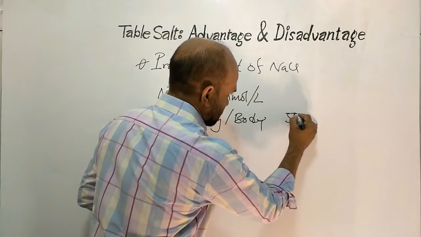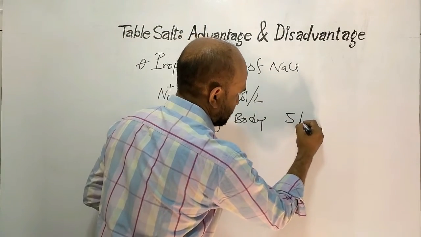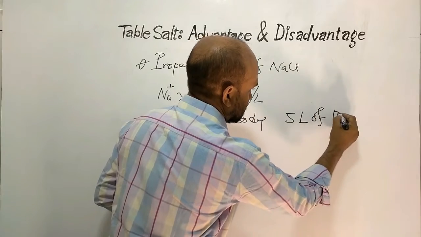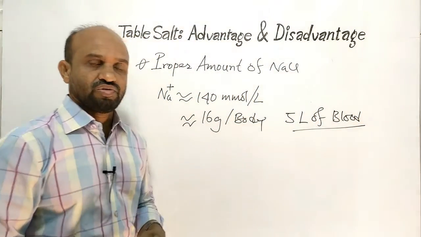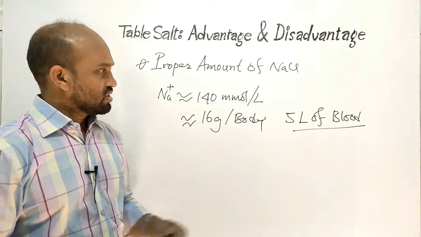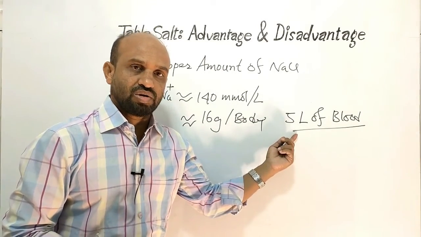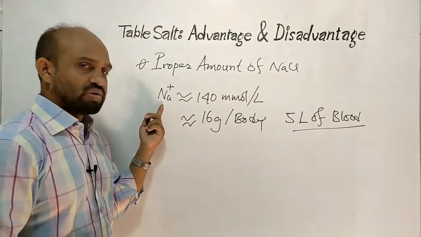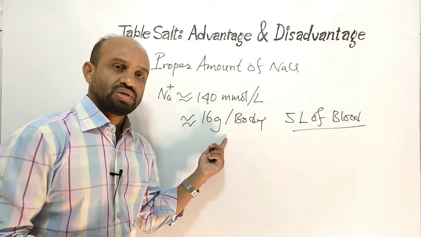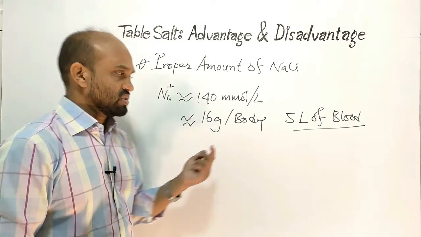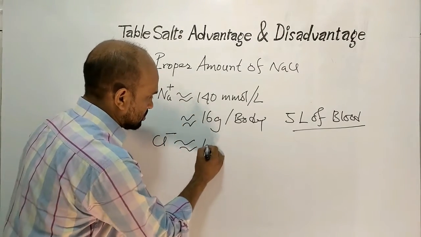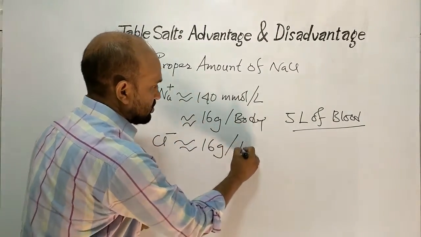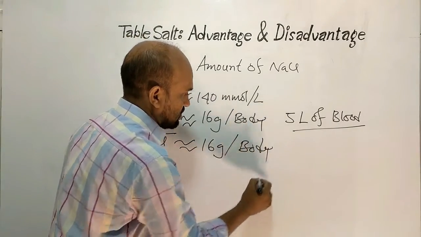In our body, there is 5 liters of blood on an average for adults. In 5 liters of blood, sodium ion is around 16 gram. Similarly, chloride ion is around 16 gram in our body.